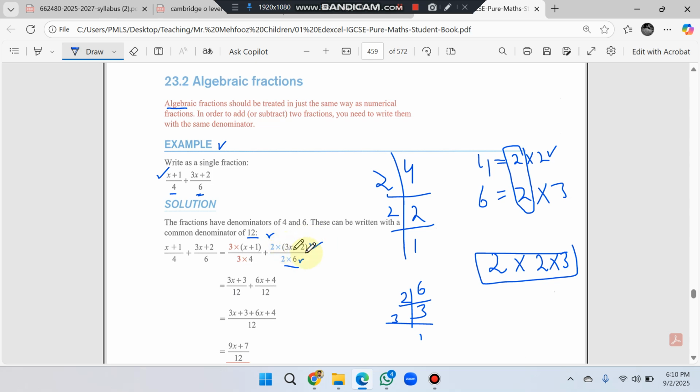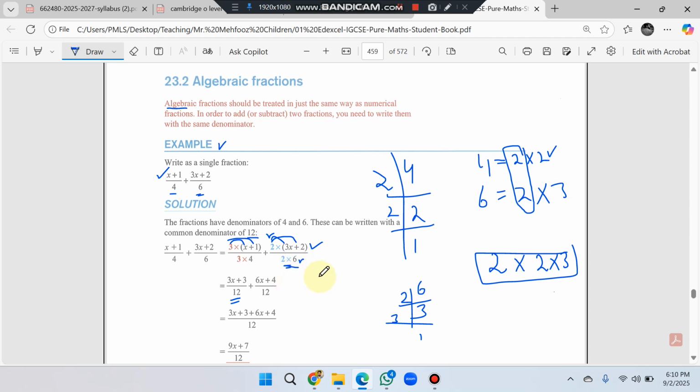It becomes 2 multiplied by (3x + 2) over 2 multiplied by 6. After multiplying, the numerator becomes 3x + 3 over 12, and again 6x + 4 over 12, right?